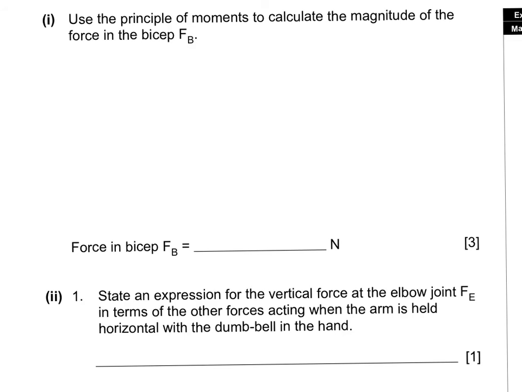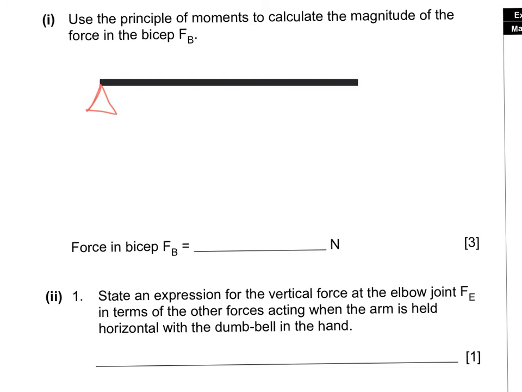Part 1. Use the principle of moments to calculate the magnitude of the force in the bicep, FB. So, we've got a pivot problem here to deal with. The pivot is right at the left-hand end of the rod, so this rod represents the arm.